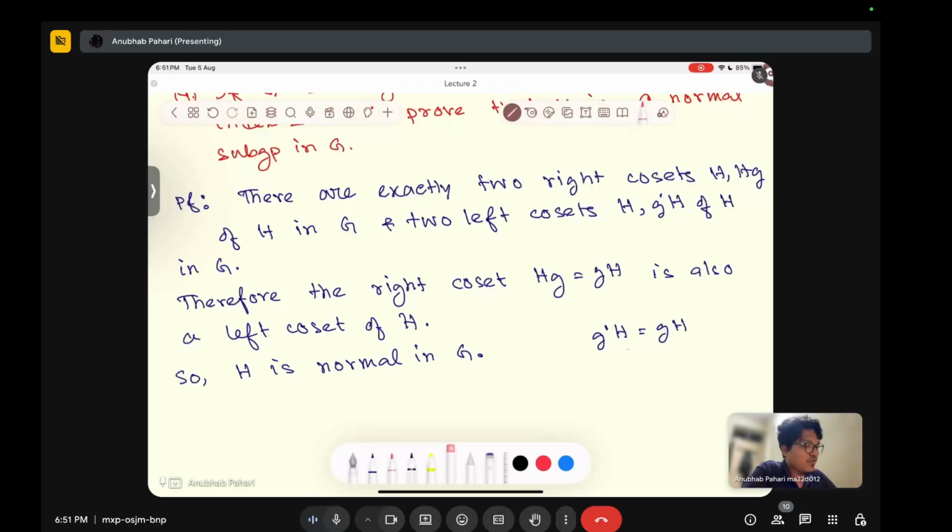There are only two cosets, right? Either G'H equals H or GH, right?